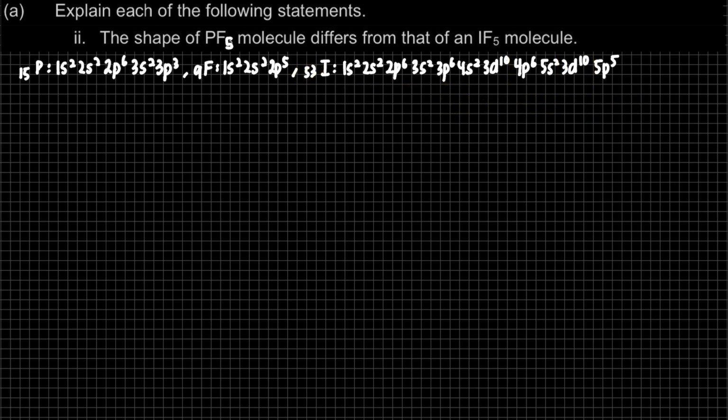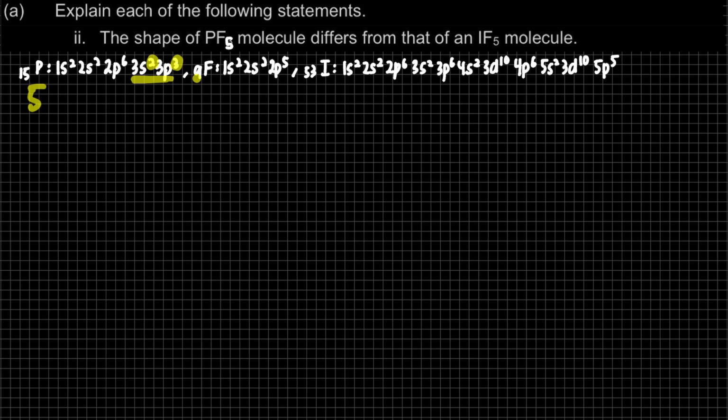So why do we have to write down the electronic configuration? This is to determine the valence electron, so that later on we can count the total. For phosphorus, again, we consider the highest n to determine the number of valence electrons. For phosphorus, the highest n is n equal to 3, so the valence here is 5.